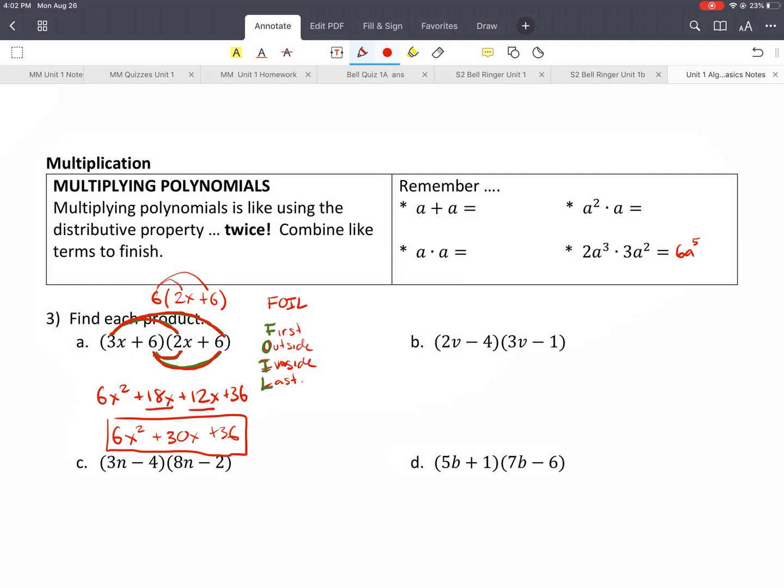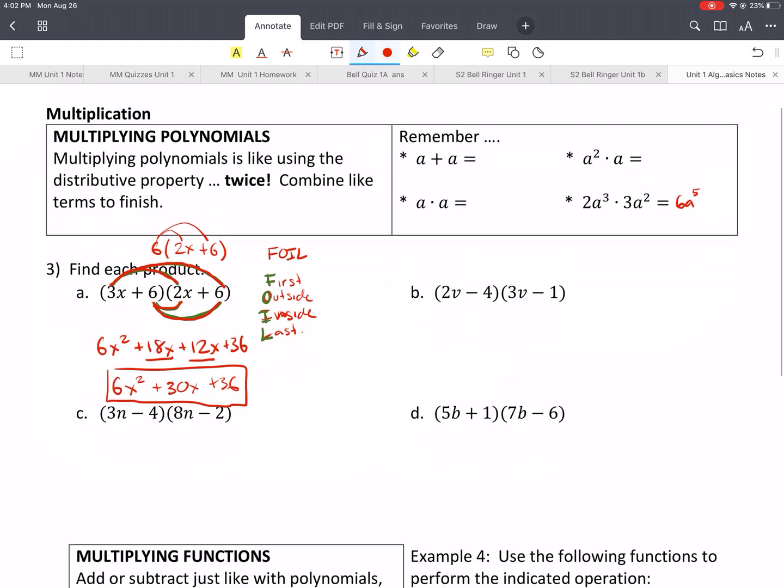Okay? Another way, and now some of you have learned this, it depends on what math teacher you had before, is using something called the box method. Okay, so since we have two terms for each polynomial, we're going to make a 2 by 2 box.